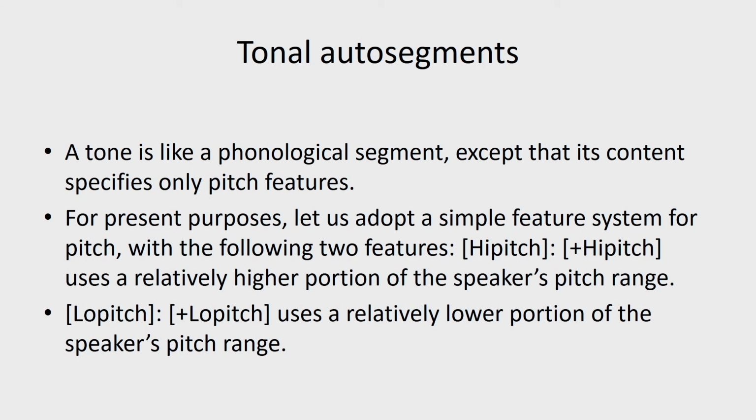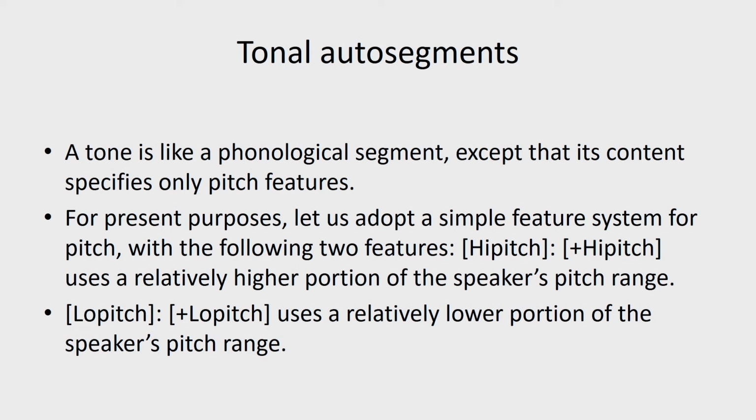And central to the idea of intonational phonology is also the idea that there are tonal autosegments. Tone is like a phonological segment, except that its content specifies only pitch features.